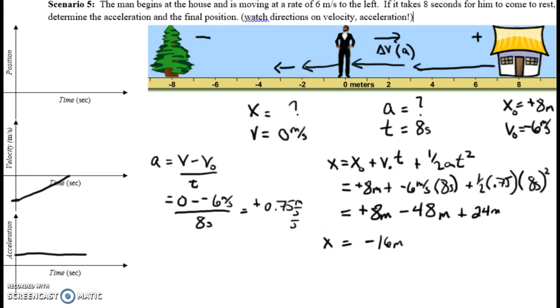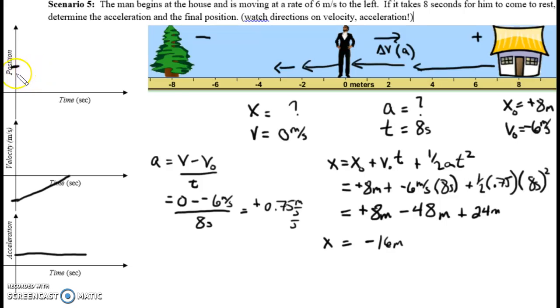Last graph I saved is position versus time. So we know it begins at positive 8. And we know that it's moving to the left. So on a position versus time graph, the slope represents the velocity. So the slope is going to be large initially and negative due to the large velocity pointing to the left.